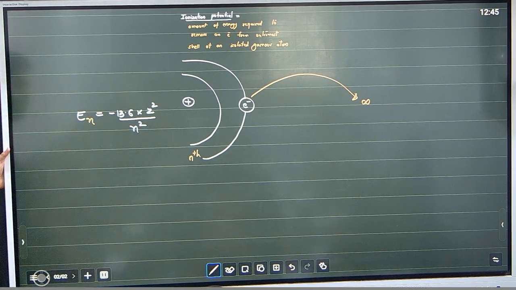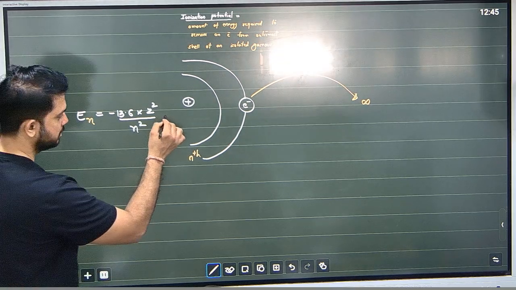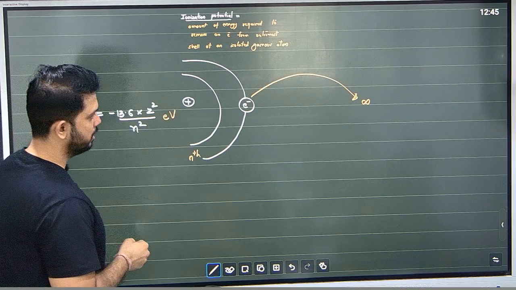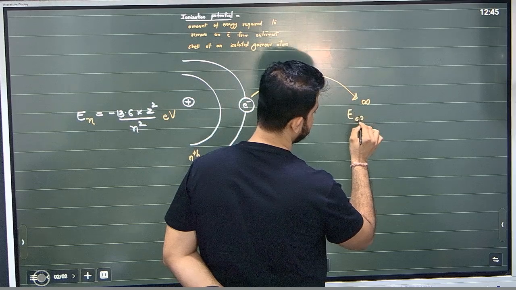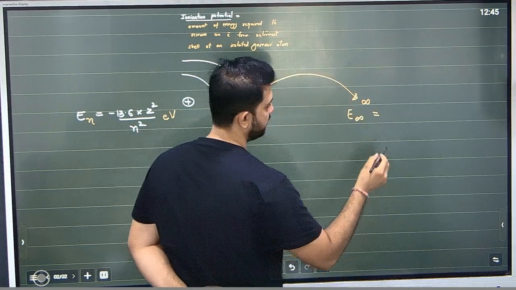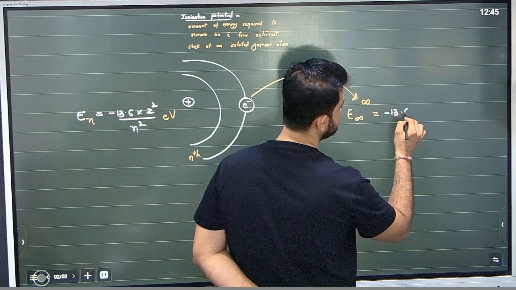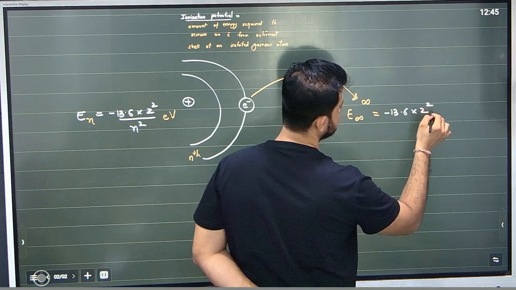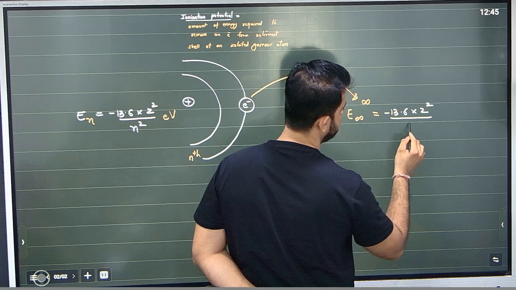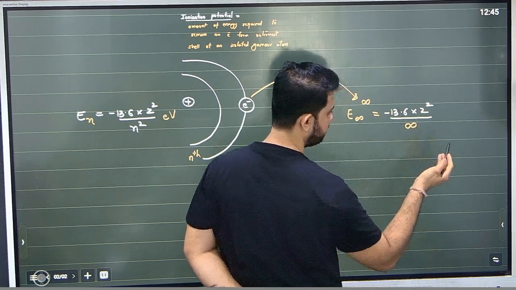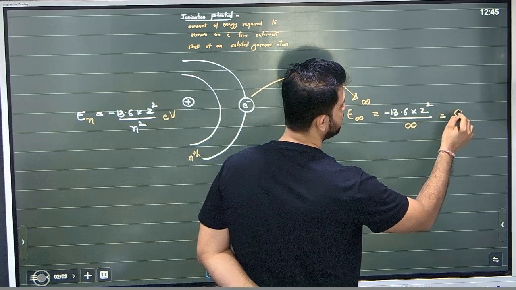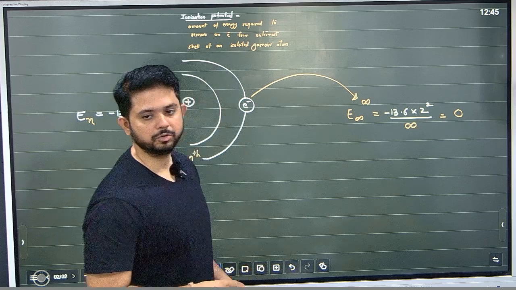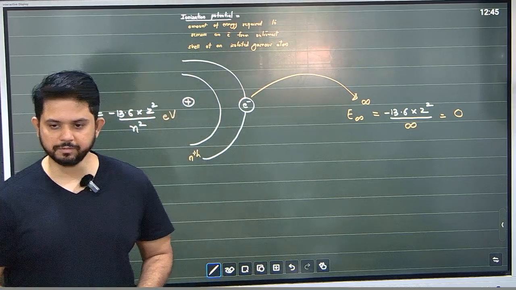Minus 13.6 into z square upon n square electron volts. What will be the energy over here at the infinite orbit? Minus 13.6 into z square over infinity square, which is infinity. What do you get here, people? 0. Just what we were discussing while we were deriving total energy.